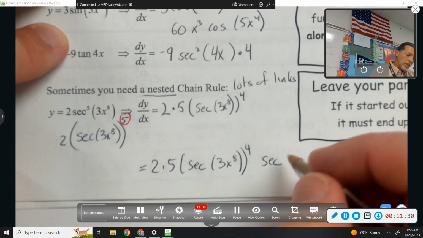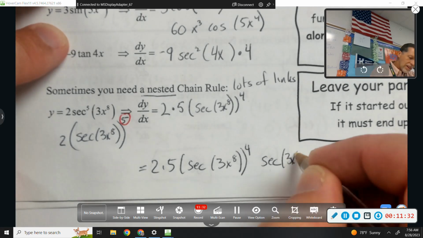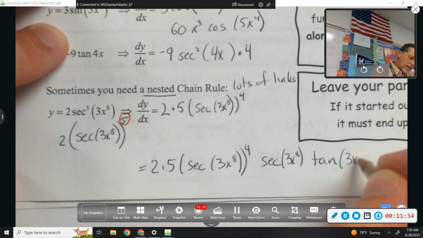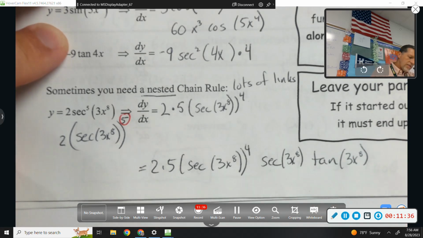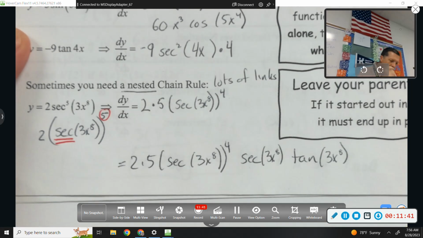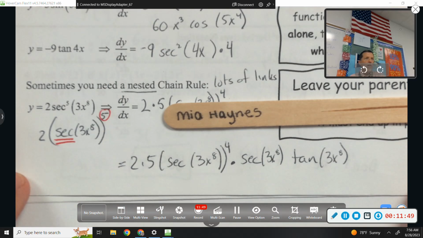Good, 3x to the 8th. Alright, so there's my second chain. And then lastly is 3x to the 8th. What's the derivative of 3x to the 8th?